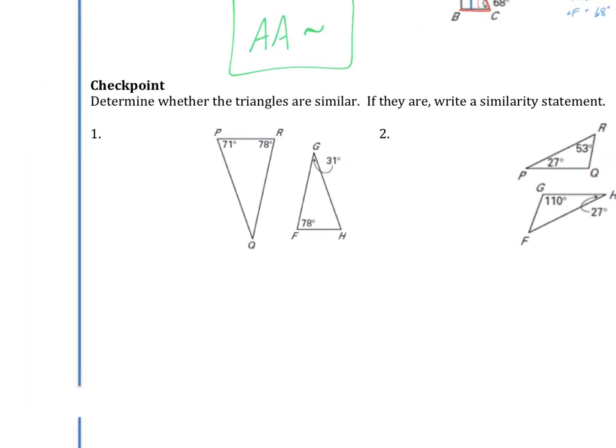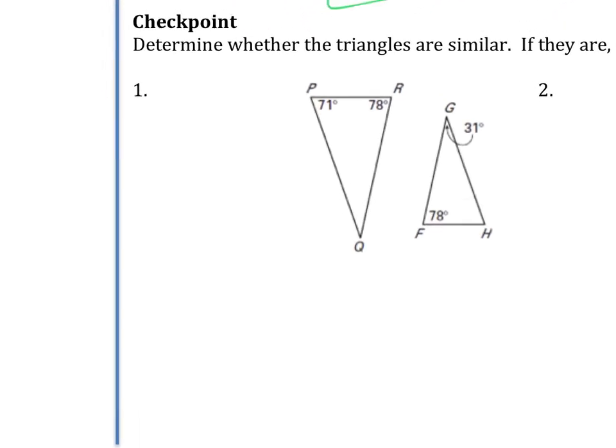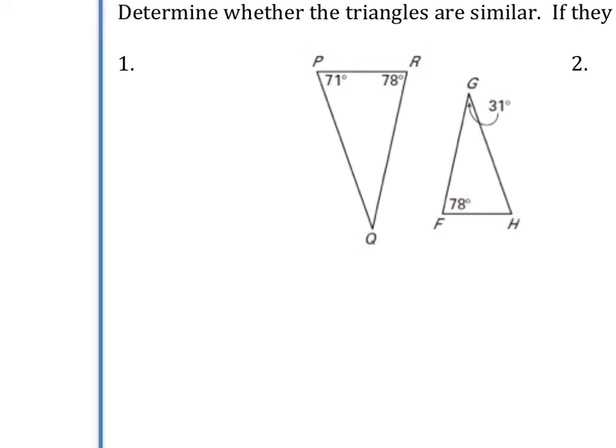So in the checkpoint it says, determine whether the triangles are similar. If yes, write a similarity statement. So in number 1, we have a 78-degree angle in each of them. And we've got to find out what the missing angles are. So to find out angle Q, we would do 180 minus the other two angles. So minus 71, minus 78.